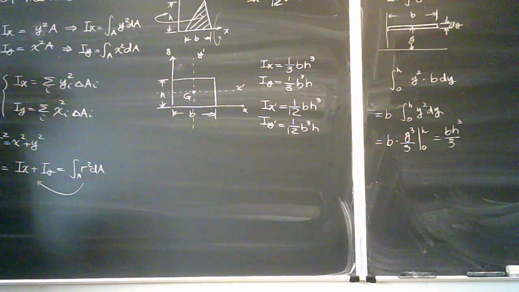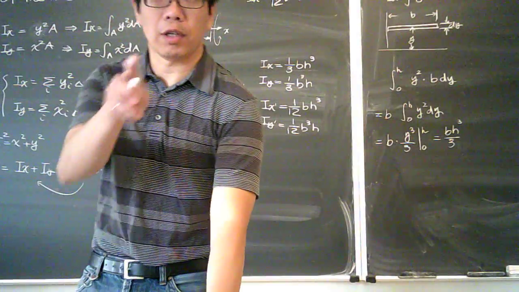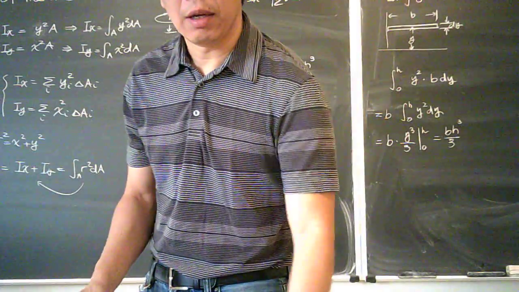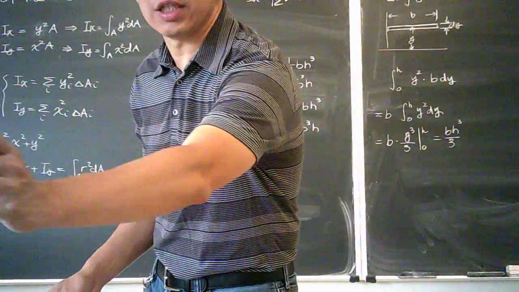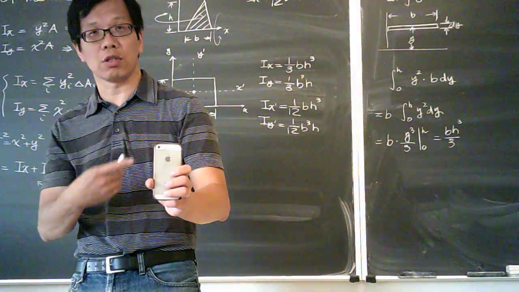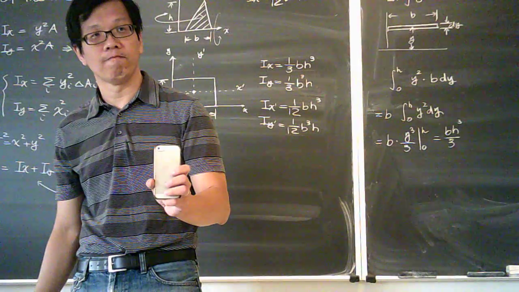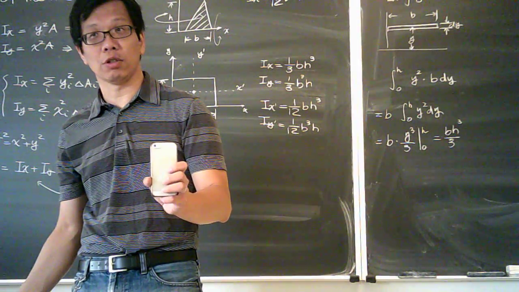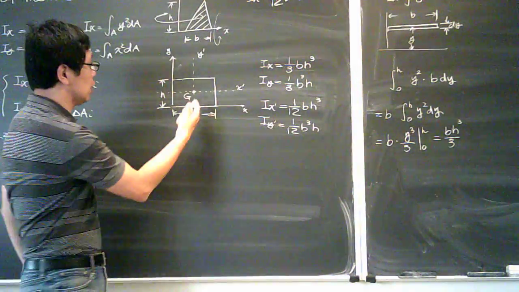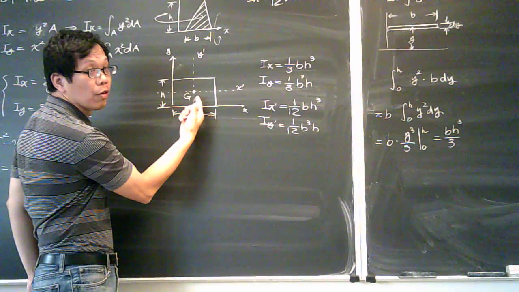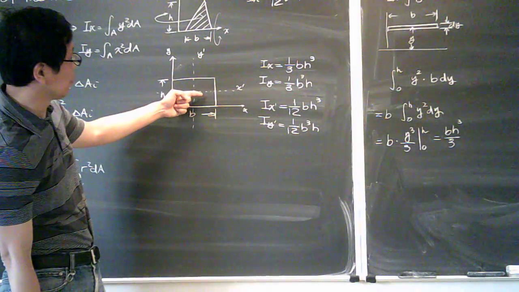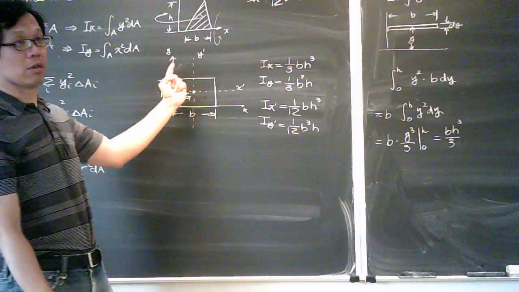That's by definition. So it means that if the camera is my axis, I start to rotate my iPhone over here and rotate it at this distance. Is the moment of inertia going to be the same if I move my iPhone over here? It's not. Which one is going to be larger? Move to this location. So clearly, rotated about its center of gravity in this direction and in this direction is going to be smaller than the moment of inertia rotated around this axis and this axis.